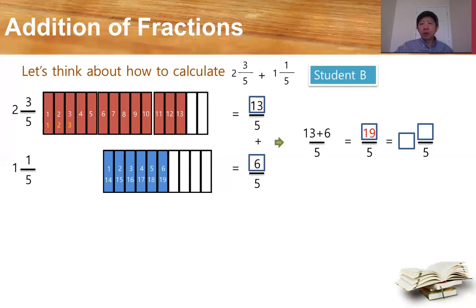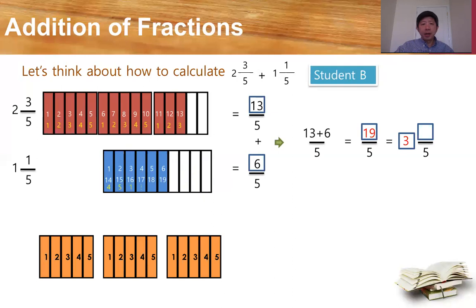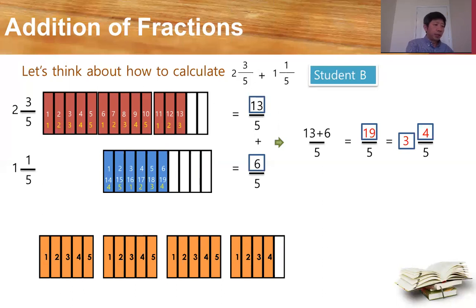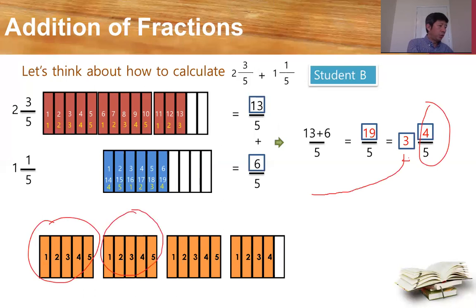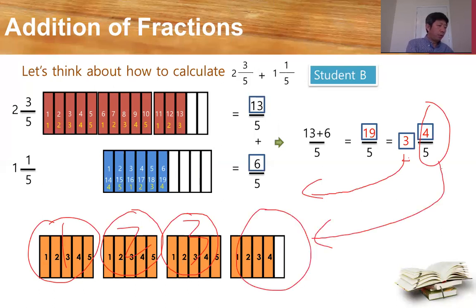So therefore, 19/5 actually is 3 and 4/5. So why is it 3? You want to take a look. This is 1. This is 2. This is 3. So that's why we have 3, all right? What about 4/5? This is 4/5. 1, 2, 3, 4. 4/5, right?